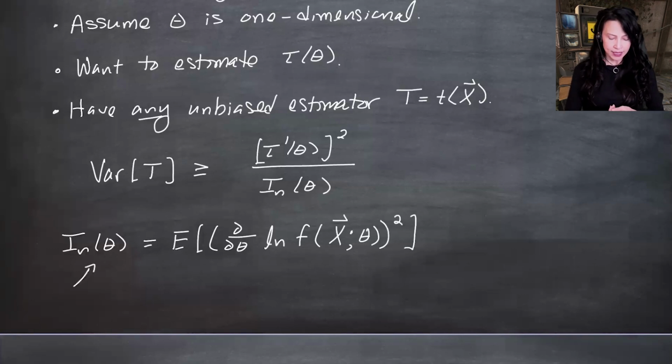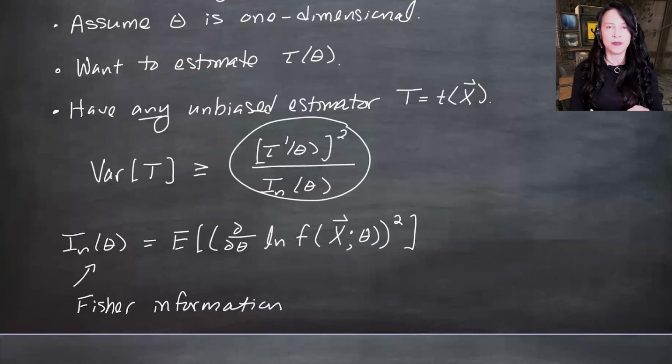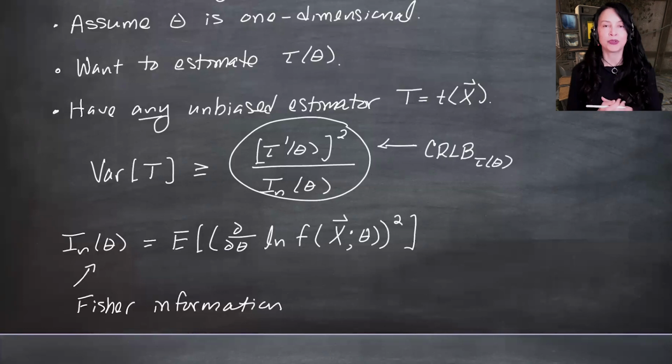So again, this is the Fisher information. And this thing on the lower side of the variance of T, where T is an unbiased estimator of tau of theta, this is known as the Cramér-Rao lower bound for tau of theta. We usually use a subscript like this. Okay, so we did all this last time.